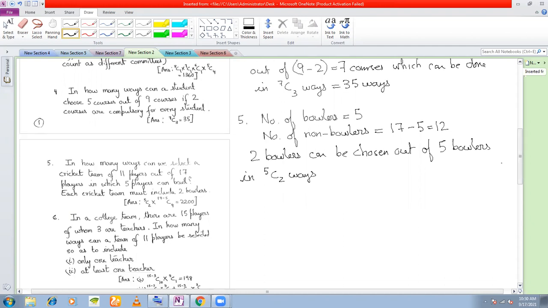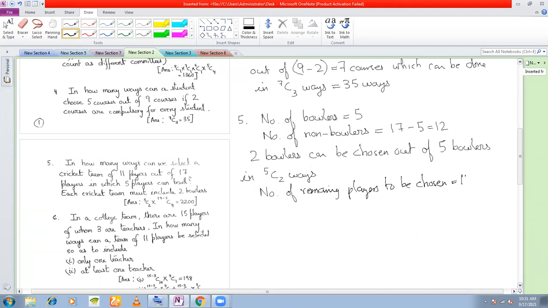How many remaining players? 12 players remain. That is the non-bowlers are 12, right? And you have to choose a team of 11 players. That means now you have to choose how many, because you have already chosen 2 bowlers. So number of remaining players to be chosen. 2 bowlers you have already chosen.